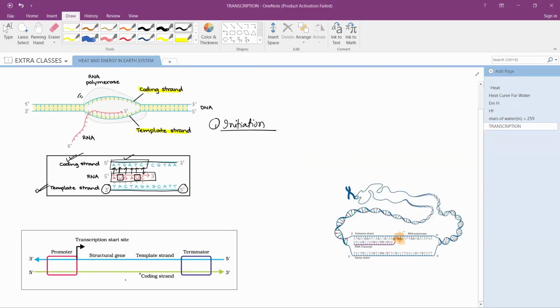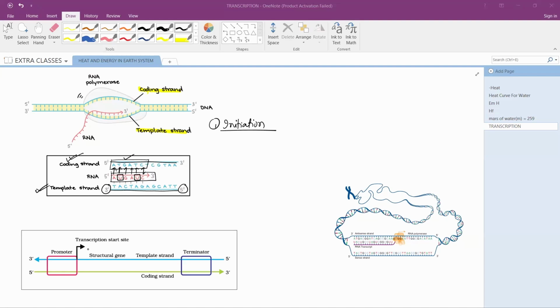This is the coding strand and this is the template strand. Promoter is the region from where transcription starts. Okay, if someone asks what is promoter: a promoter is a region on the DNA, that stretch of DNA that initiates the transcription of a gene.